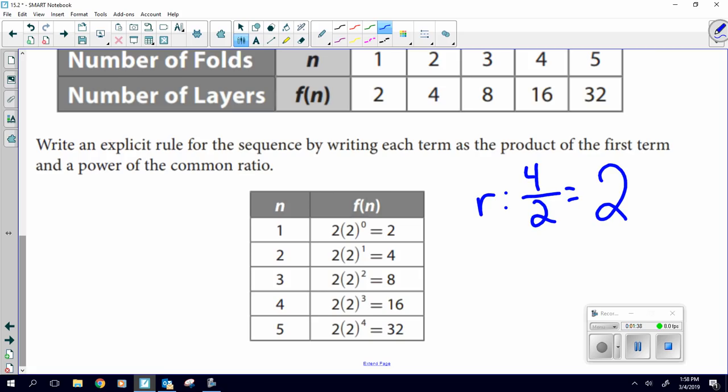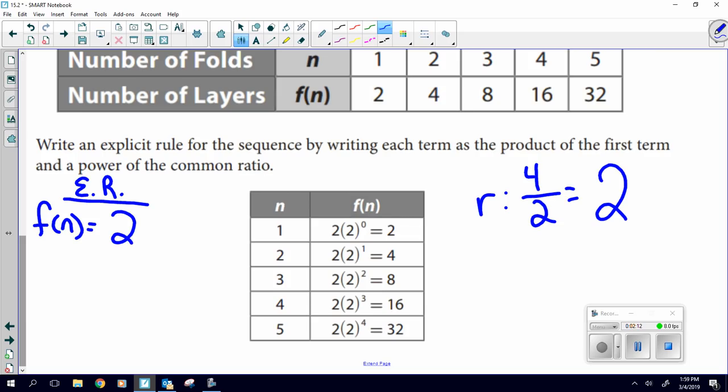Now, it did say to write this recursive, but first it's asking us to write an explicit rule. So I'll put explicit rule. The generalized form looks like this. We're going to have an f of n is equal to. Now, just like writing a recursive rule, for the explicit rule you need to know that first f of 1, and our f of 1 here is 2.